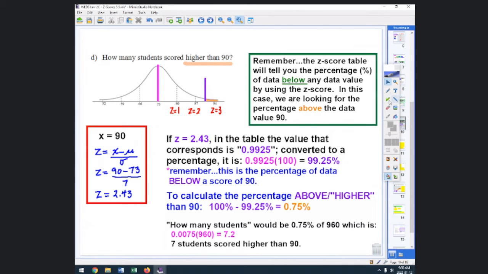So again, let's just try to make a little bit of sense here. Between 2 and 3, the percentage is what? This is 34. This is 13.5. I think this is 2.35, isn't it?